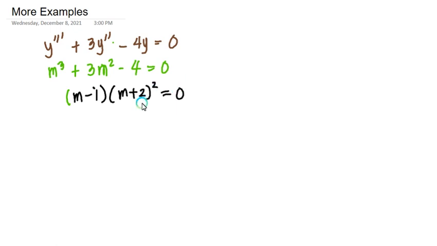So, what should be squared so that the answer ends up as 4 in the constant? Of course, the 2 should be squared so that the answer is 4. So, here you have repeated roots. So, we have m minus 1, m plus 2 squared.